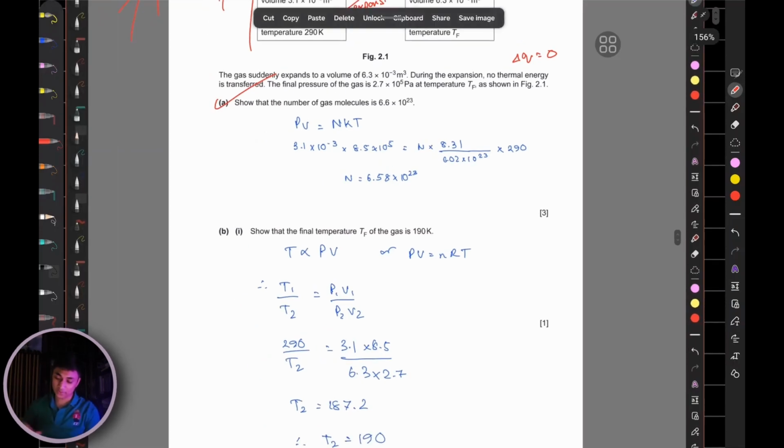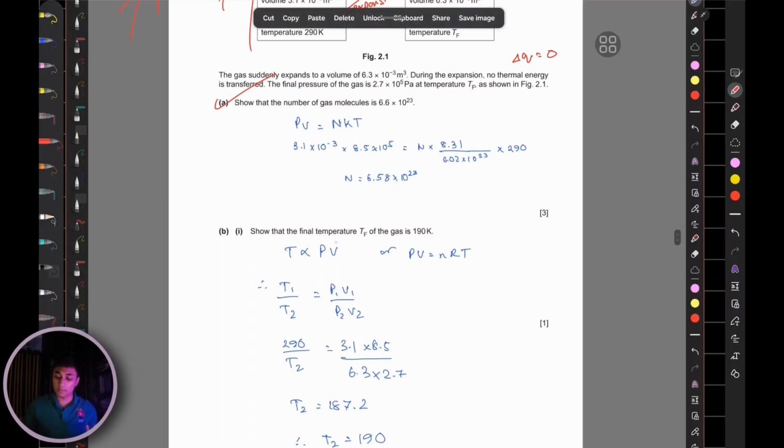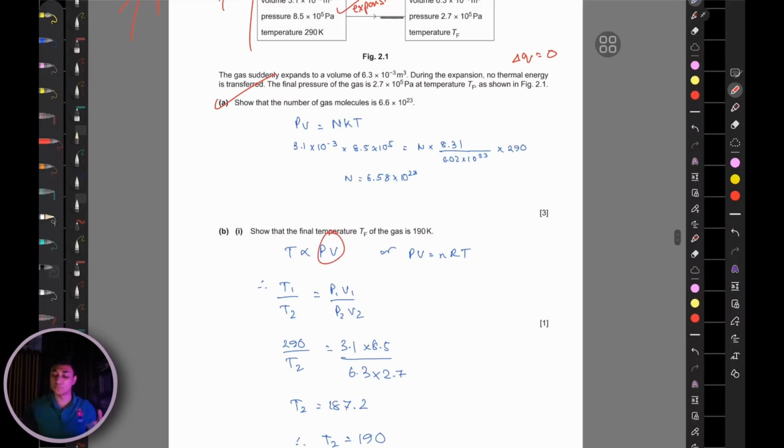Now, notice one thing. In case of ideal gases, what is the definition of an ideal gas? They follow the proportionality between thermodynamic temperature and product of pressure and volume. You know the thermodynamic temperature is directly proportional to the product of pressure and volume. Okay, so you know that.